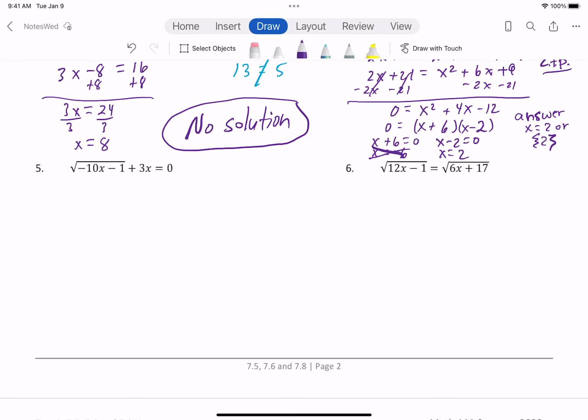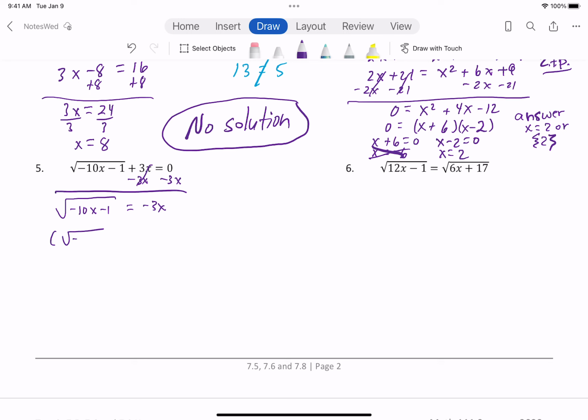All right, let's look at number 5. And again, I have something on the side with the radical that is not underneath. So I have to start by moving that over. So we get the square root of -10x minus 1 equals -3x.